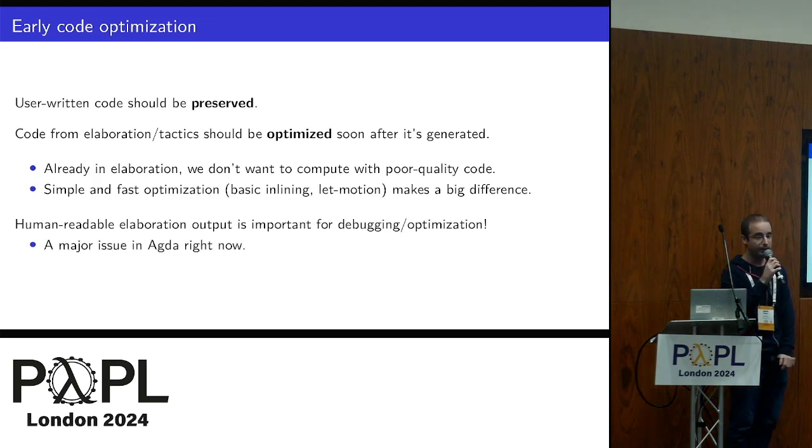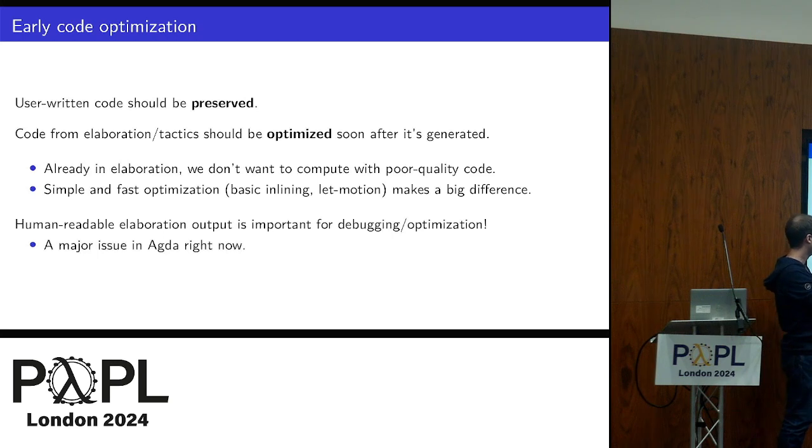Because in Agda, elaboration does this in a very naive way. Pretty much every meta solution is unfolded by default. We get huge garbage as output, such that no one wants to read it. But because no one wants to read it, no one wants to develop and maintain pretty printing for it. And because we don't have good pretty printing for it, no one even knows anymore what is in the elaboration output.